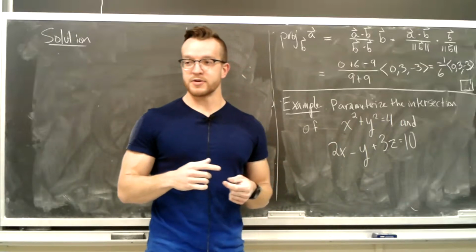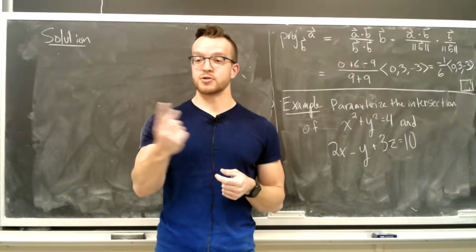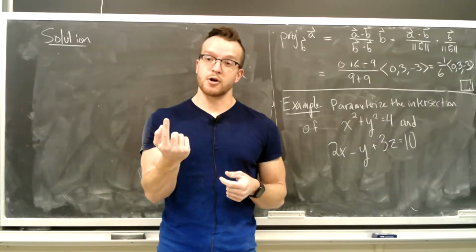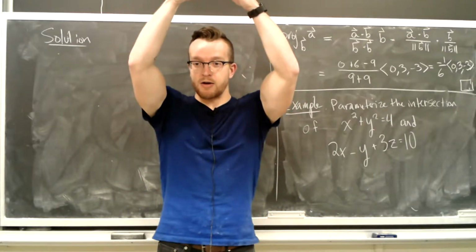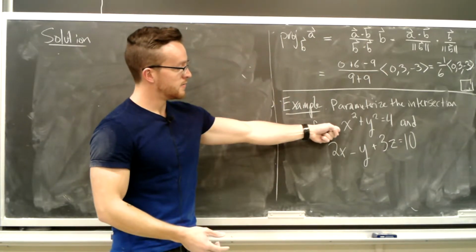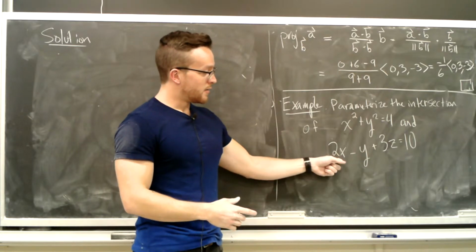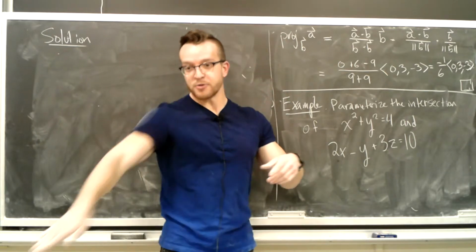Well, x squared plus y squared equals 4 in the xy plane traces out a circle. But this is a surface. There's no restriction on z, so that circle just goes up and down forever, which means this is a cylinder of radius 2. This thing here is a plane. So I've got a cylinder, and we're chopping through with a plane.